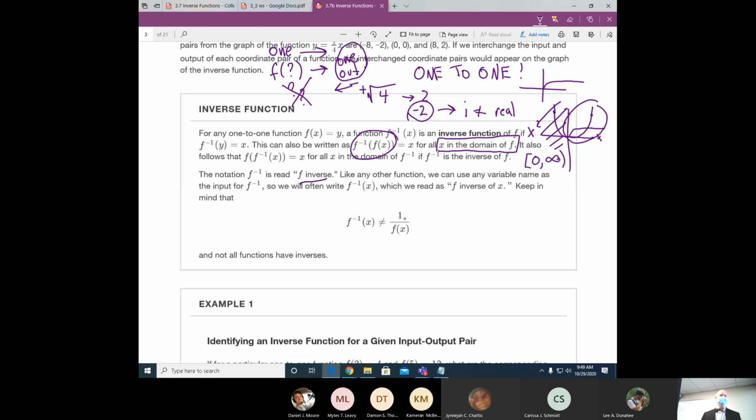And again, they remind us that it's not the reciprocal. This is f of x to the -1 power. This is f inverse. And I don't think we throw too many trick questions at you to fool you. This is f reciprocal.